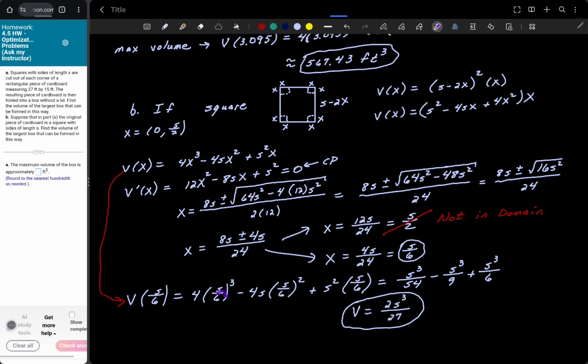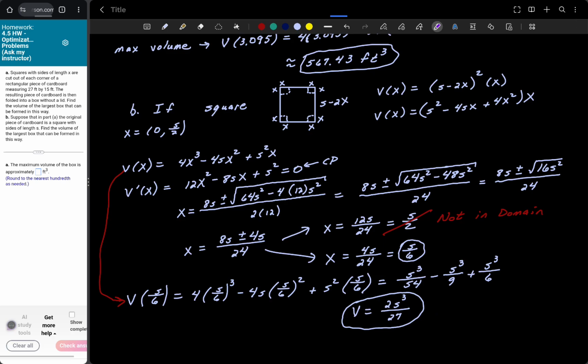When I simplified this, that first term, I had 4s cubed over 216, which reduced down to s cubed over 54. Then I had minus 4s cubed over 36, which reduced down to minus s cubed over 9. Then my last one, I had plus s cubed over 6. Combine those three terms, and you'll get a final fantastic answer of 2s cubed over 27.